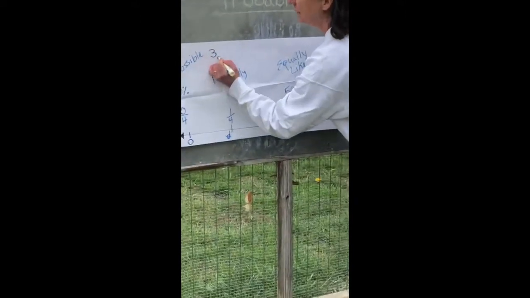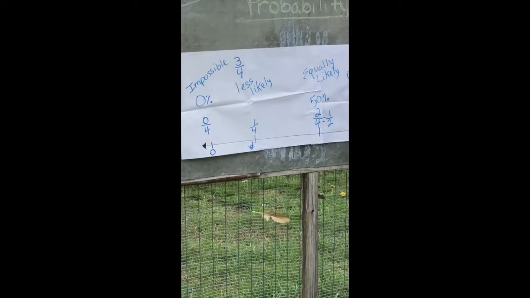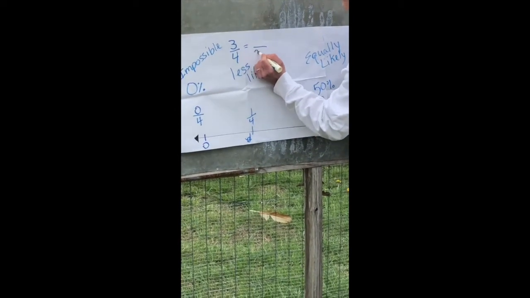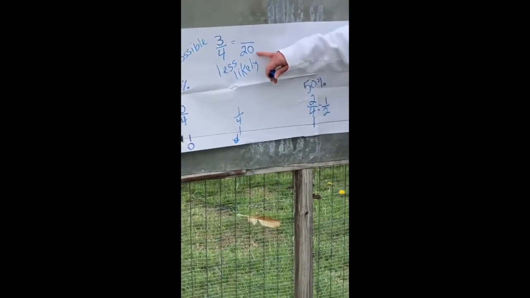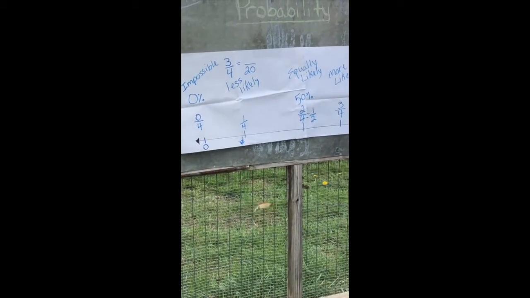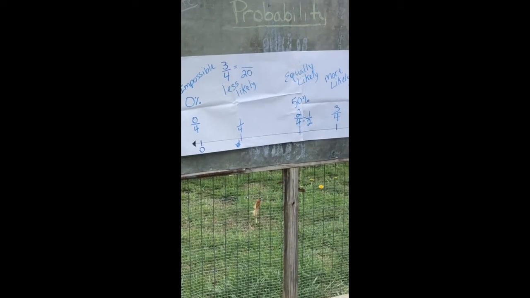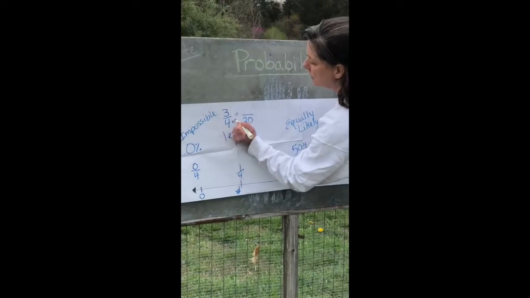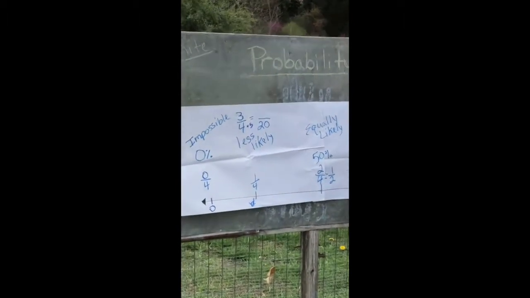So if my probability ratio is 3/4, and I'm going to pick, say, 20 times, I'm going to rewrite this fraction as an equivalent fraction. And I'm going to use what we call in my classroom Gabby's rule, because Gabby was the one who came up with this rule. And we know we multiplied 4 by 5 to get 20.